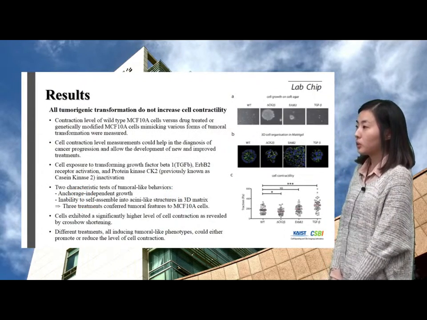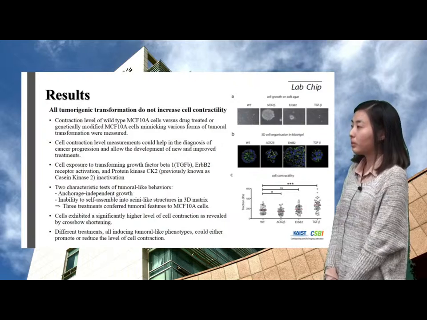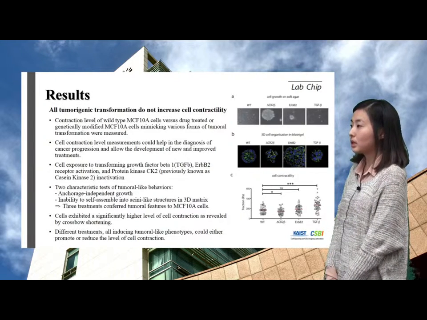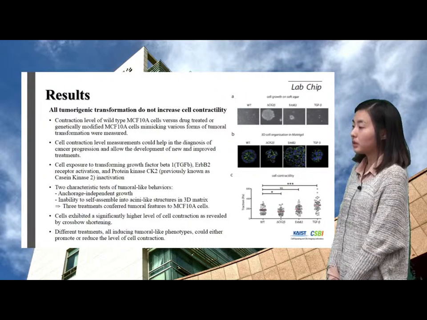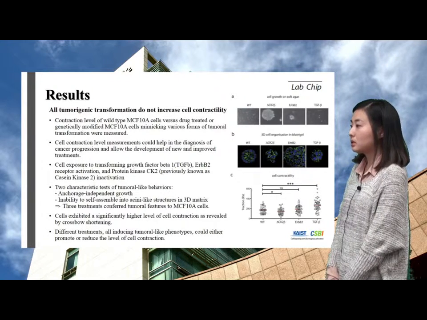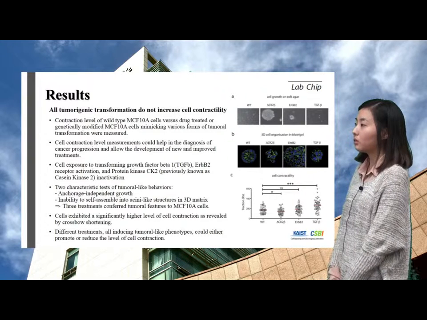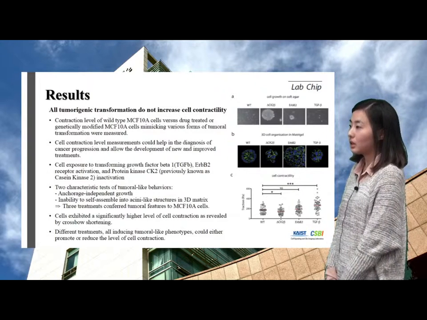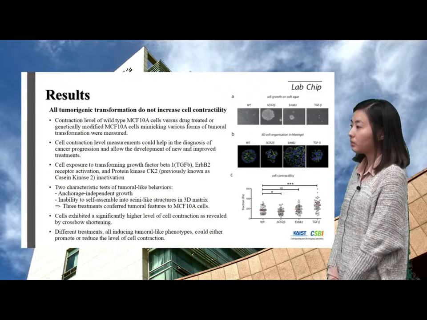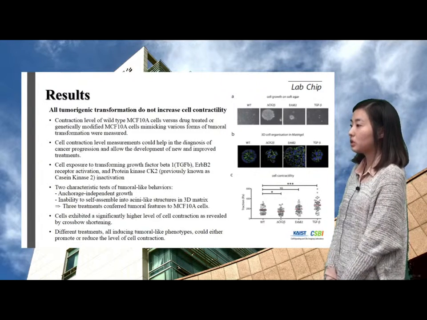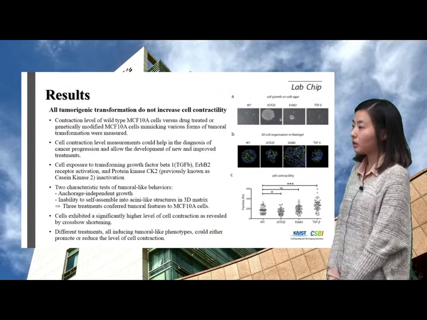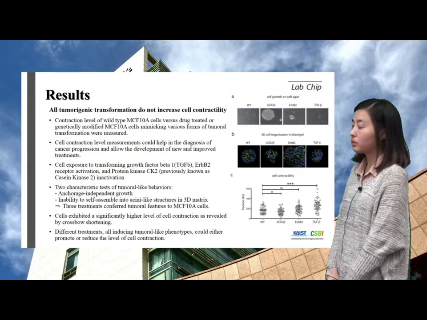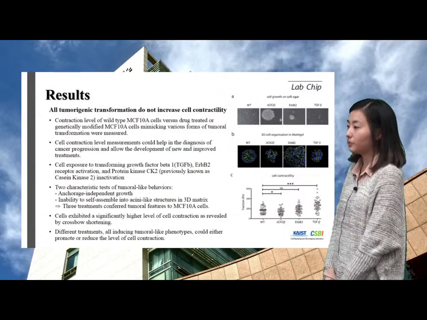The last results show that not all tumorigenic transformations increase cell contractility. The contraction level of wild-type MCF10A cells versus drug-treated or genetically modified MCF10A cells mimicking various forms of tumoral transformation was measured. Cell contraction level measurements could help in the diagnosis of cancer progression and allow the development of new and improved treatment.